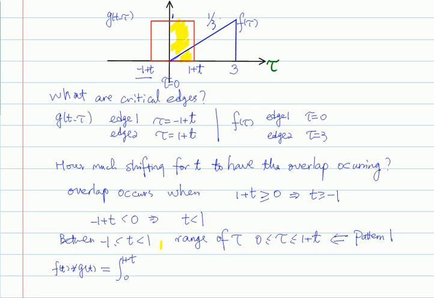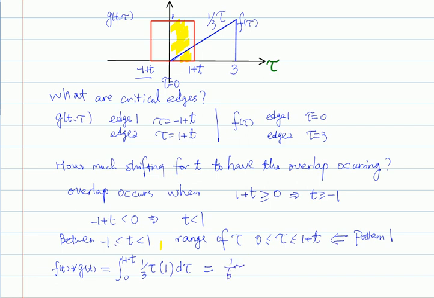It essentially is 1/3 of tau. So the integral right here will become 1/3 of tau, which is f of tau, multiplied by g of t minus tau, which is 1 here, and d tau.